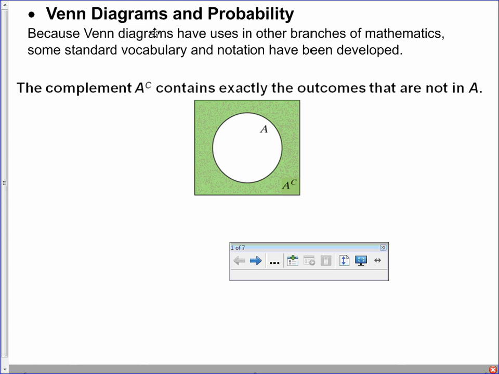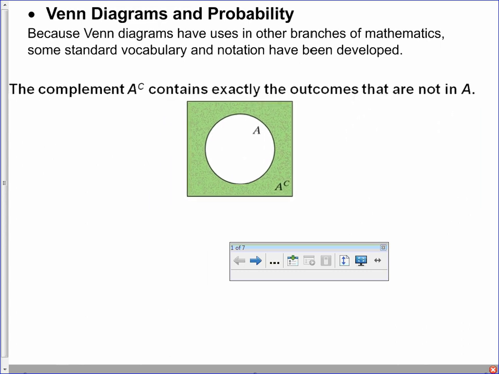And this isn't like the Venn diagram in English class where we're just doing it because the teacher fell in love with graphic organizers. Between the Venn diagram and the tree diagram, it really becomes much, much easier to do these probability problems. Any probability problem where you see a two-way table, you're going to pretty much want to do a Venn diagram immediately. So let's look at some of the definitions.